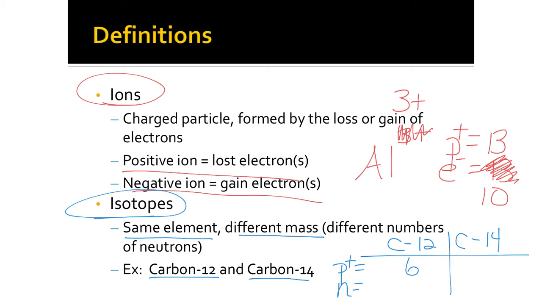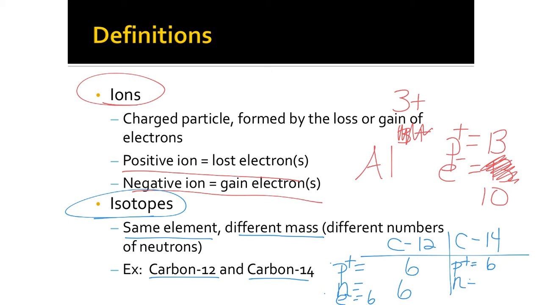It would also have 6 neutrons because the mass is 12. And electrons, I don't have much space for the electrons, but electrons would also be equal to 6 because 6 positives, 6 negatives.